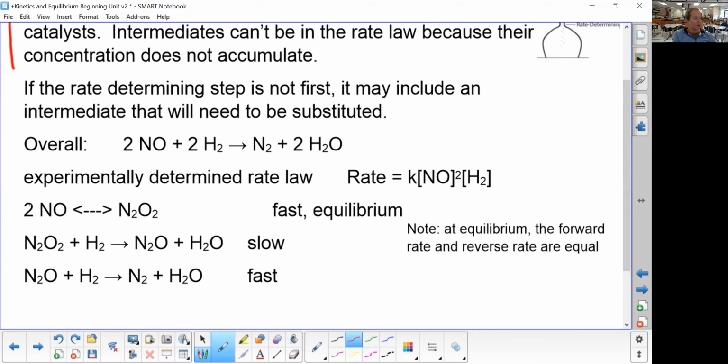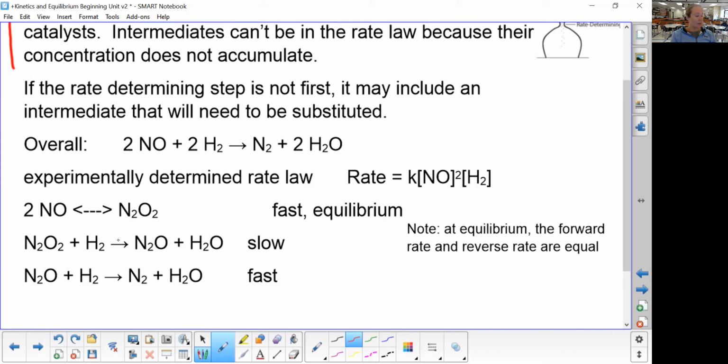And the proposed mechanism here shows 2 nitrogen monoxides forming this N2O2. This is said to be fast, and it's at equilibrium, which we're going to get into here, but let's introduce it. So basically, at equilibrium, the forward and the reverse rates are equal. So you're going to see how that comes into play here in just a second.